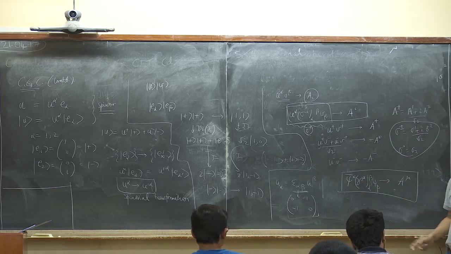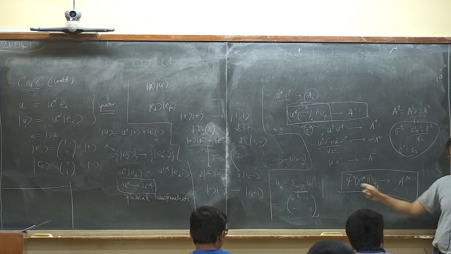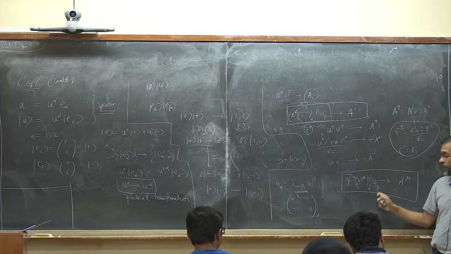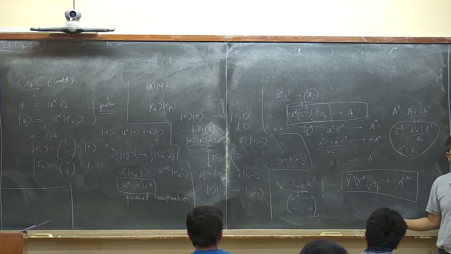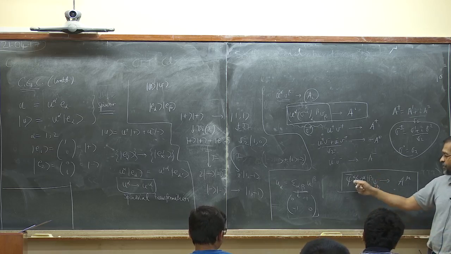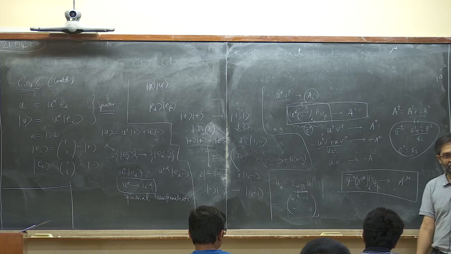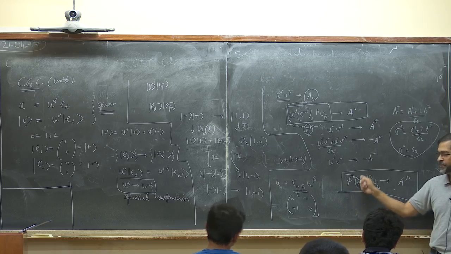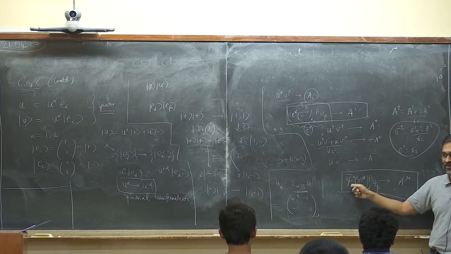What does it mean? That means you take this psi alpha psi beta bispinor combination, and you take this particular linear combination of psi alpha psi beta. Well, it's psi star alpha psi beta. In the middle there's a charge conjugation operator that is sitting here.